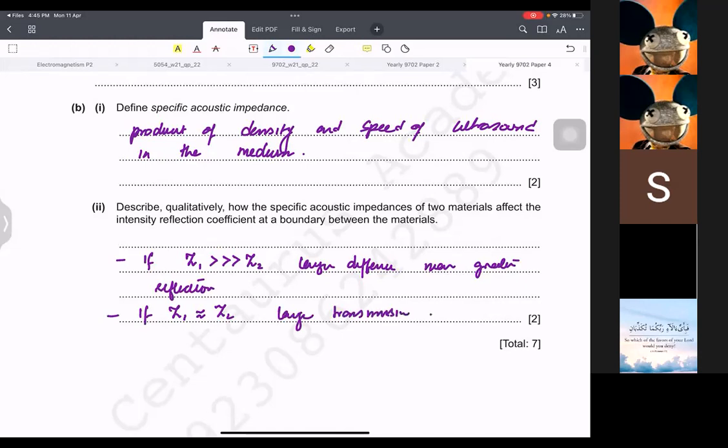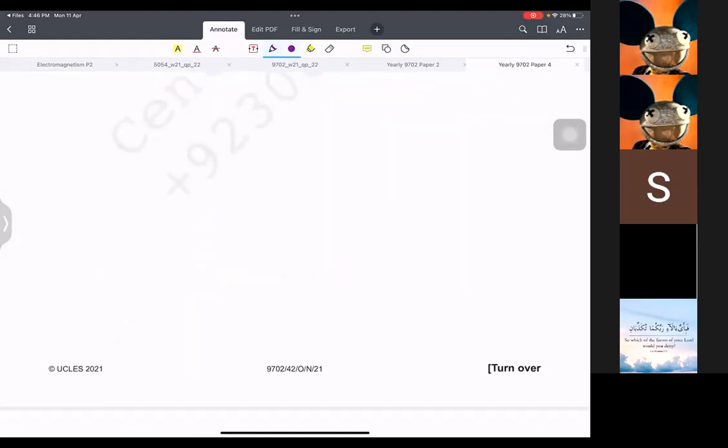Do you guys understand this? So if these two are nearly 1 and this is nearly 0, then this is what is happening. If you want to go back, you can check the gel and air example.